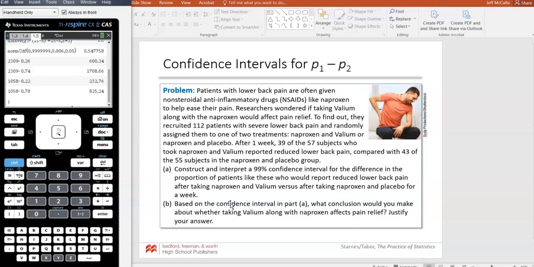Researchers were undertaking this, and it says with lower back pain and randomly assign them to one of two treatment groups. So we have random assignment, and you would mention that as your first condition.